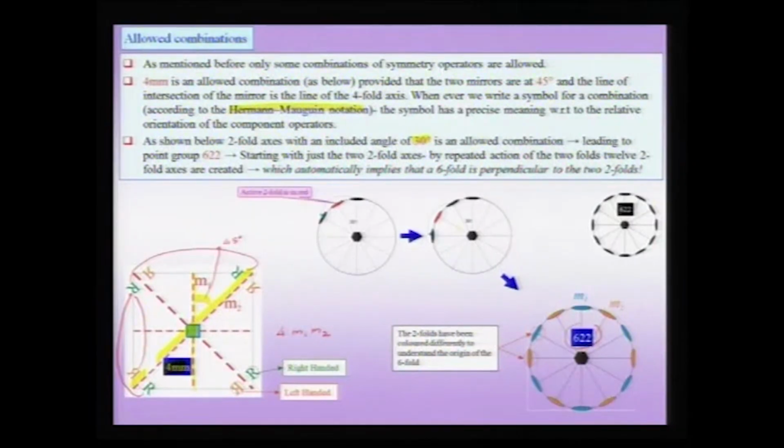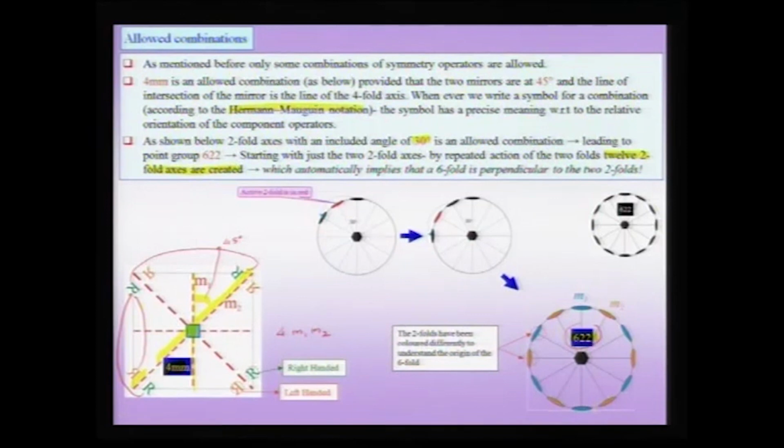In that case, suppose I start with two-folds and an included angle of 30 degrees, then I will land up with, as you can see here, 12 two-fold axes, which automatically implies that there is a 6-fold rotation axis, and the total Hermann-Mauguin symbol for this combination is 6-2-2.